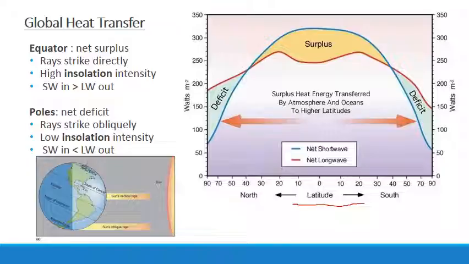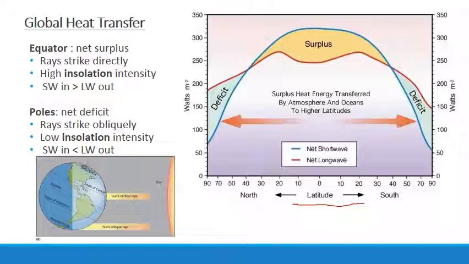Shortwave energy from the sun strikes the Earth more directly in that latitudinal belt, resulting in a higher intensity of insolation. Also, cloud cover in the tropics is thick and covers a larger area than in the northern latitudes. For those reasons, shortwave energy entering the Earth's system is greater than the amount of long-wave energy leaving the system.